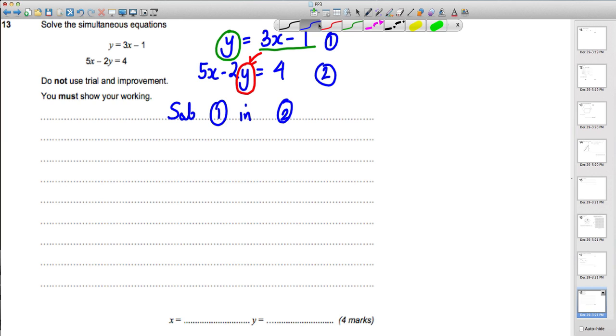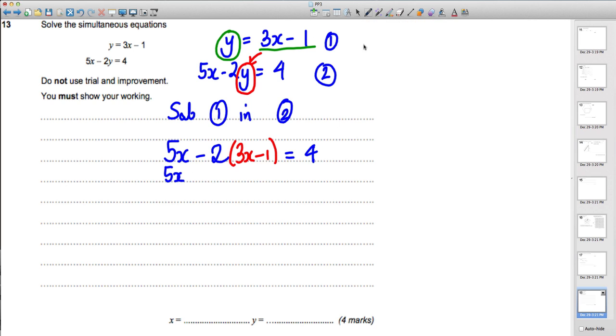Now let's use brackets when we substitute. We still have 5x, we still have subtract 2, but this time, instead of y, we're writing in brackets 3x subtract 1. And you still have your equals 4. Okay, now let's multiply this out. We have 5x. Now let's carefully do this here.